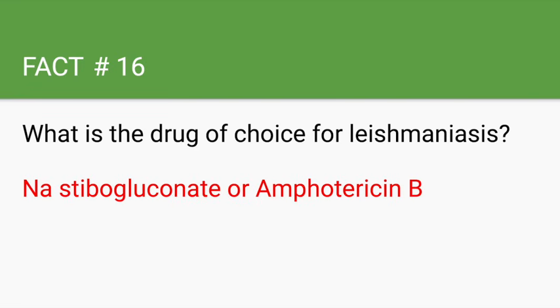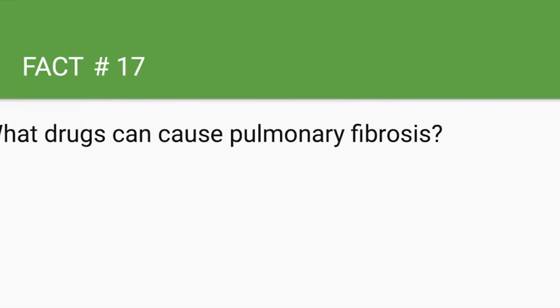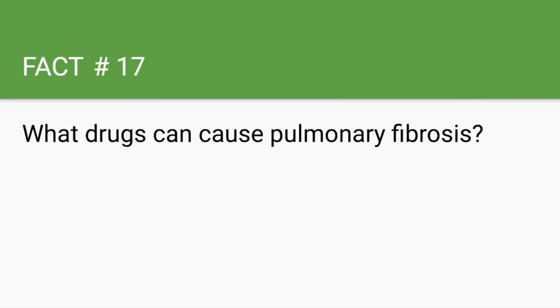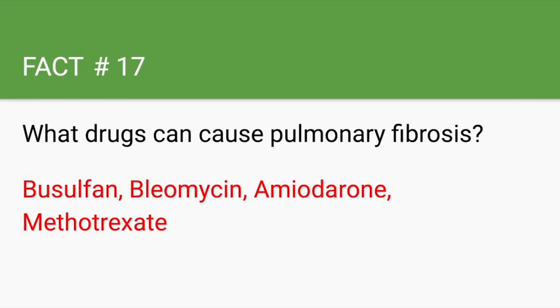What drugs can cause pulmonary fibrosis? Busulfan, bleomycin, amiodarone, methotrexate. I'm sure that you can list other drugs that cause pulmonary fibrosis. Please list them in the comment section below.